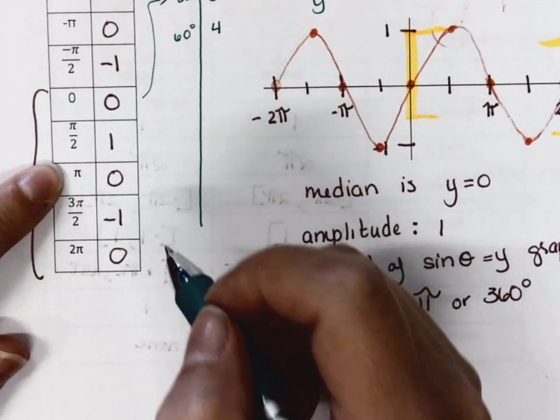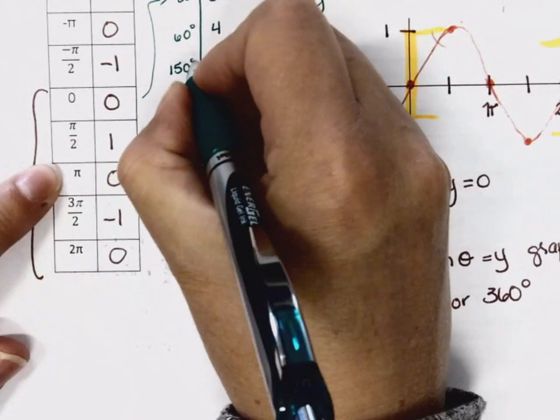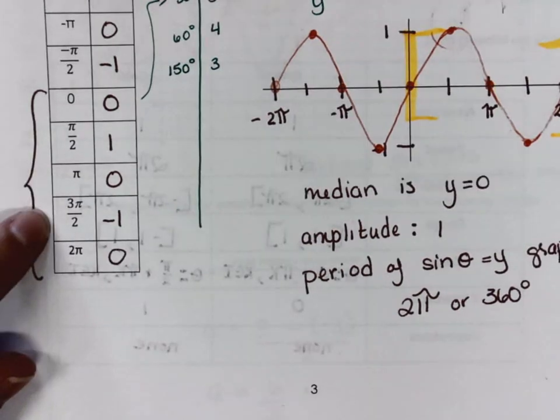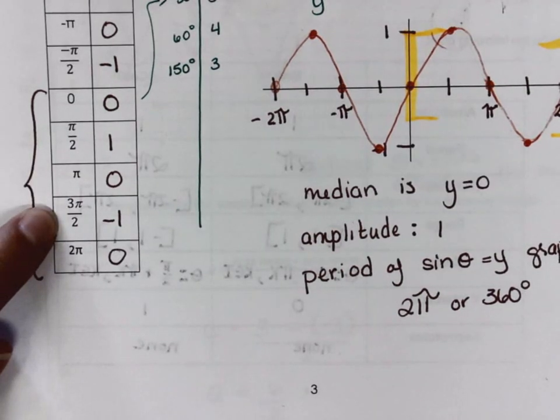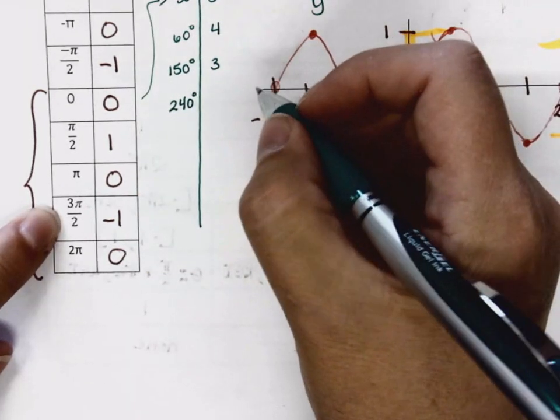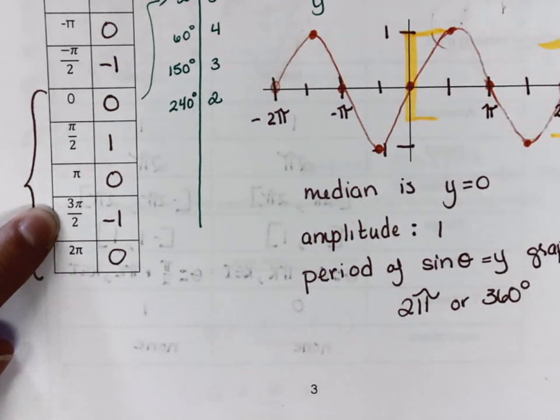At pi, so at 180, we're going to be at 150, and we're going to be at 3. At 270, so that would be 240 now. And we were at -1, so we're going to be at 2.